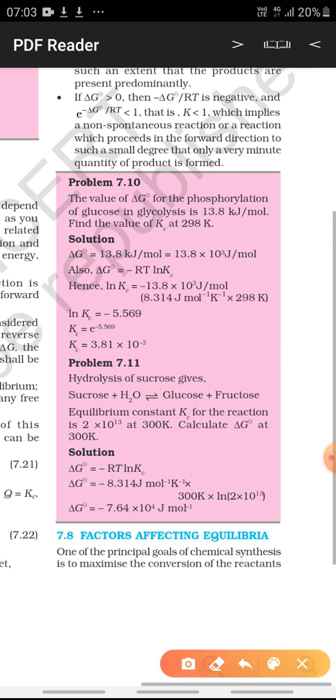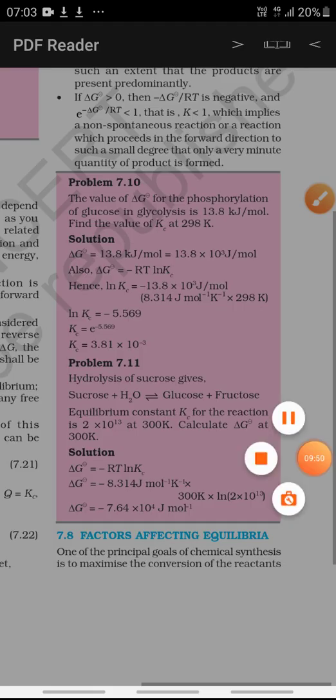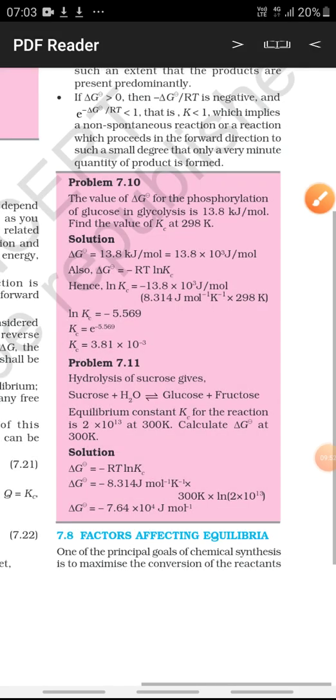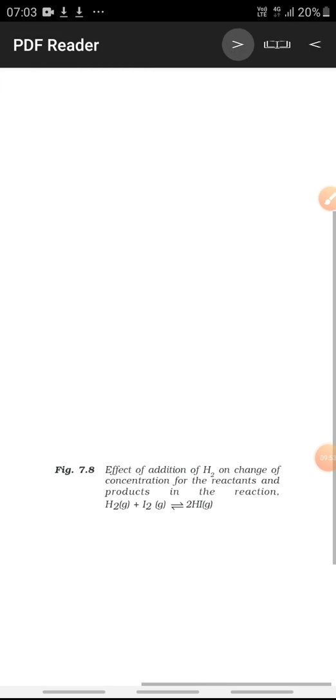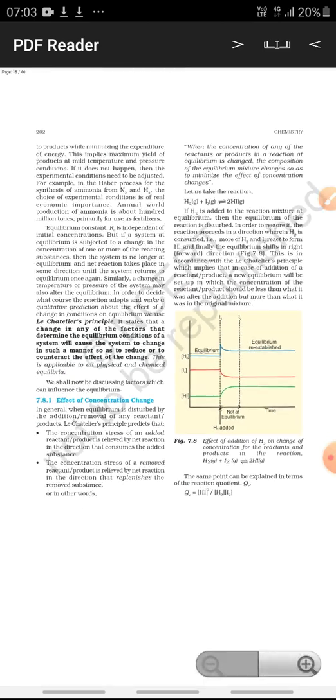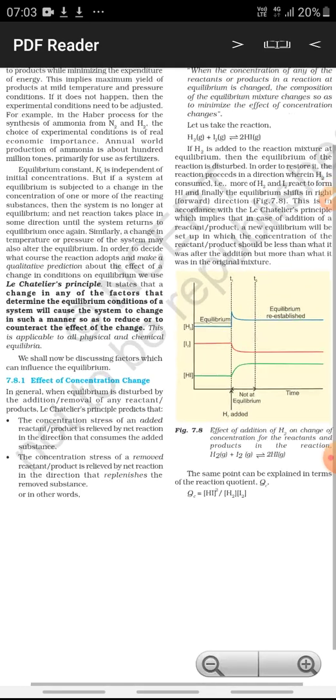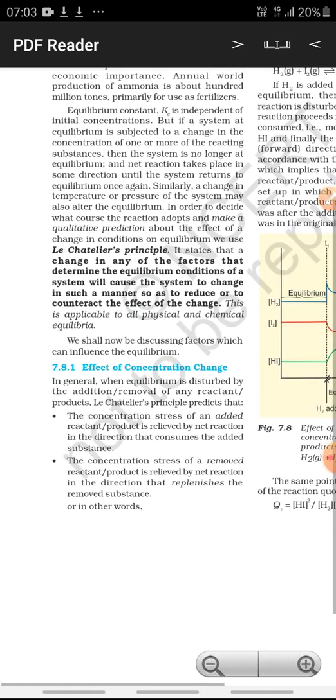Now next I am starting with the factors affecting equilibria. Now children, the factors which affect the concentration, you can say the position of the equilibrium, the change in any of the factors, it is explained by Le Chatelier.